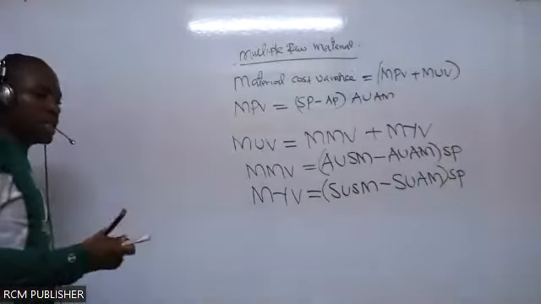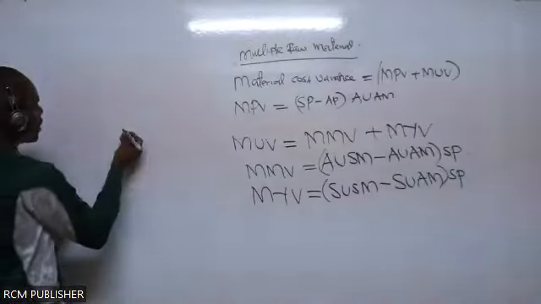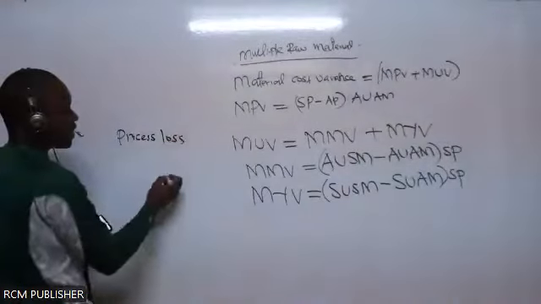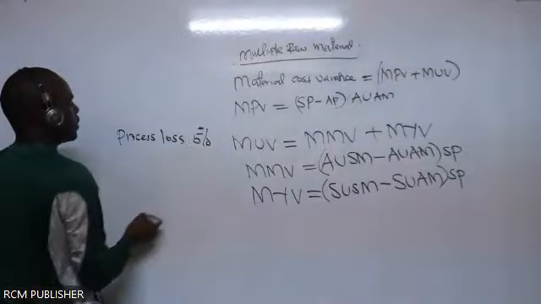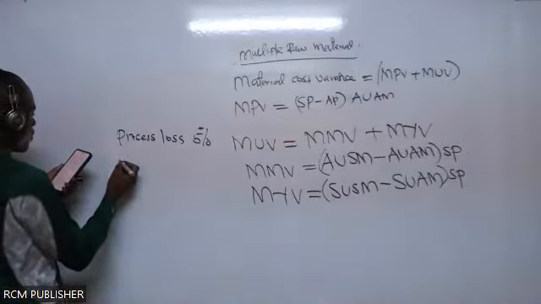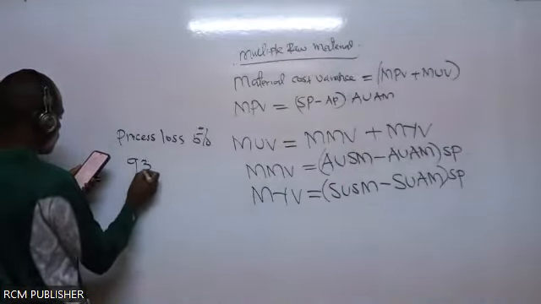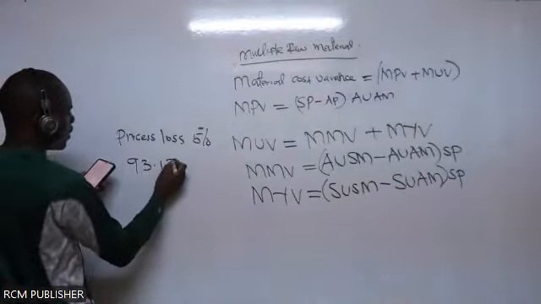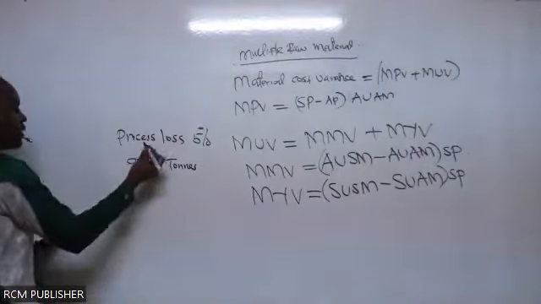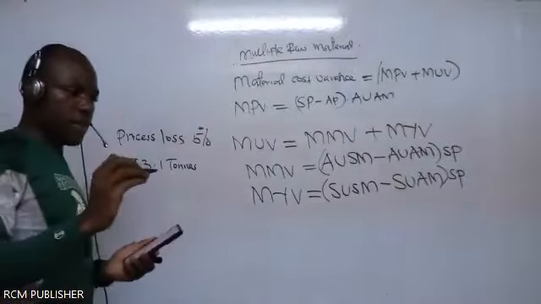So before even you calculate anything, we are being told that we have a process loss of what percent? 5%. Now, this is my question. What does 93.1 tons represent? What percentage does this represent? A process loss is 5%.